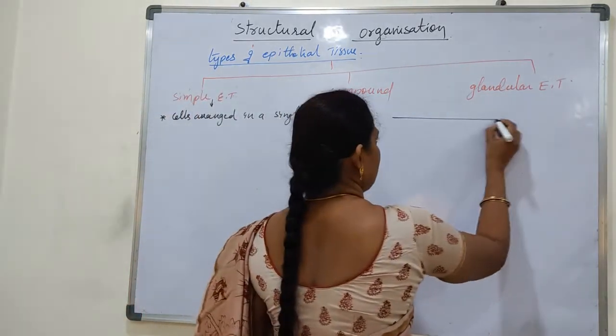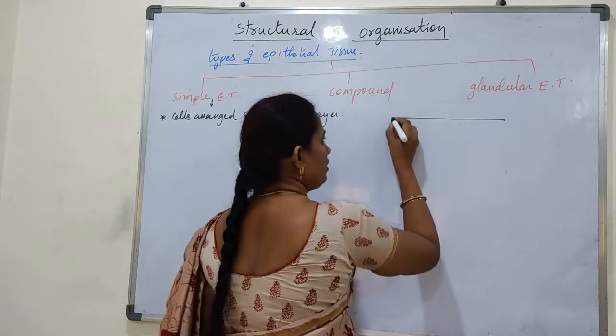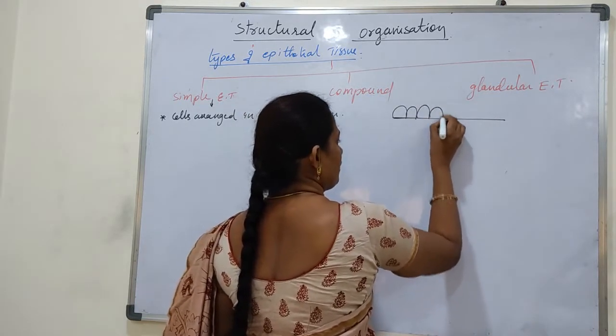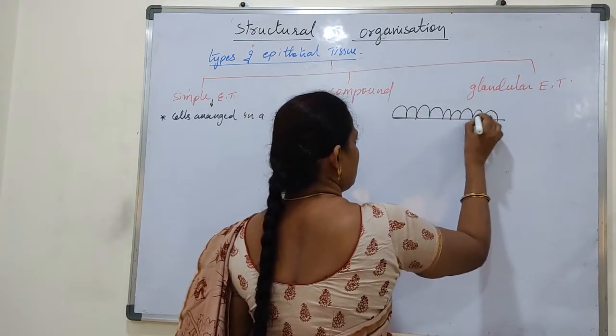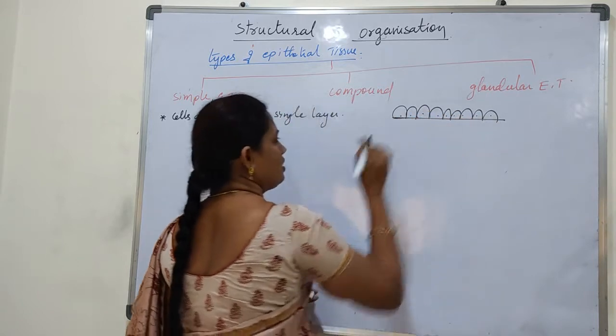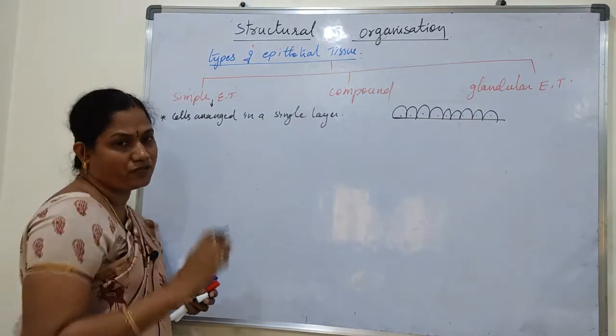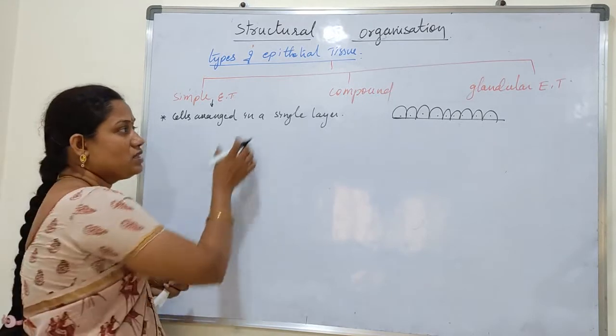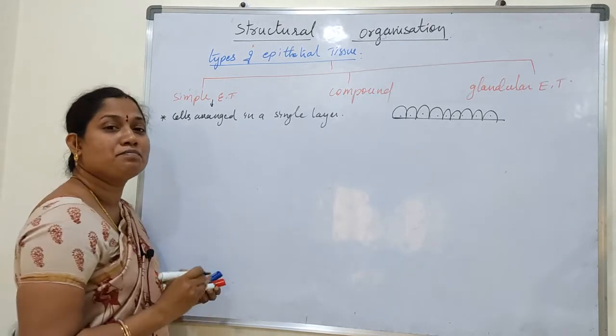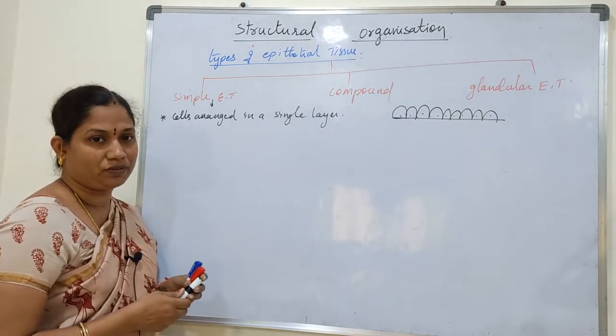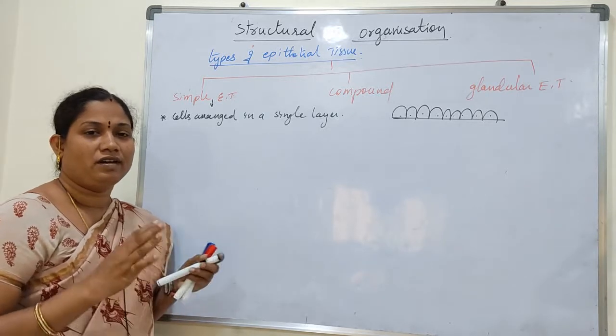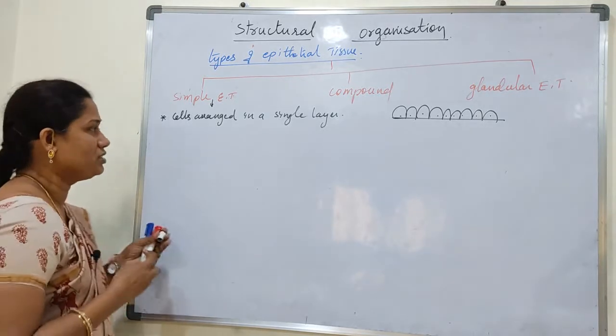For example, this is the basement membrane, and on it only one single row of cells is present. This type of tissue is called simple epithelial tissue. The cells are very tightly arranged to each other.